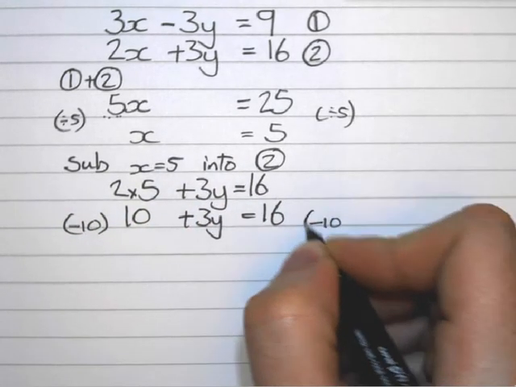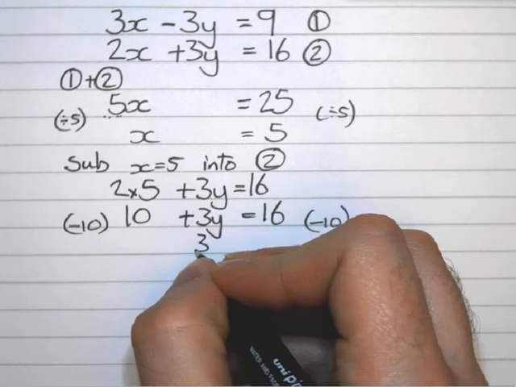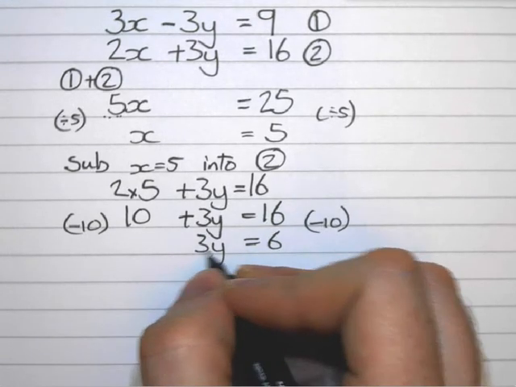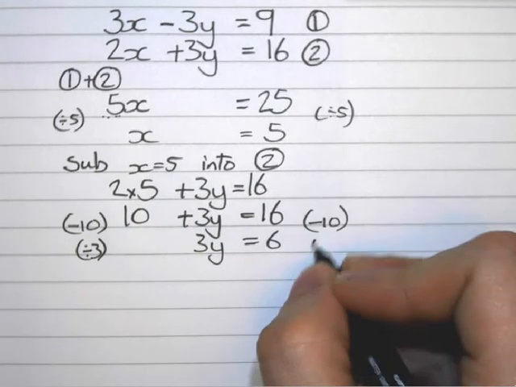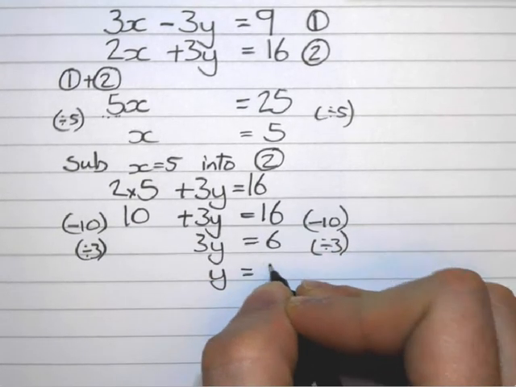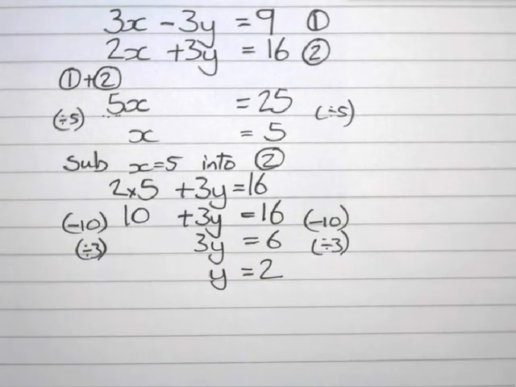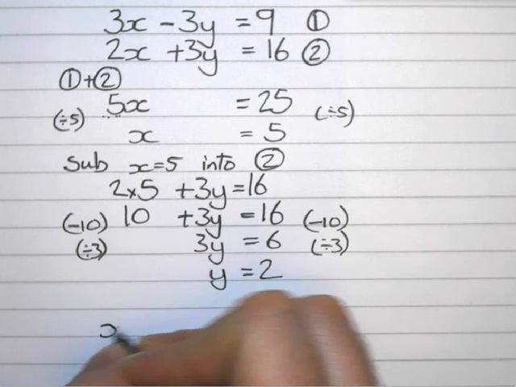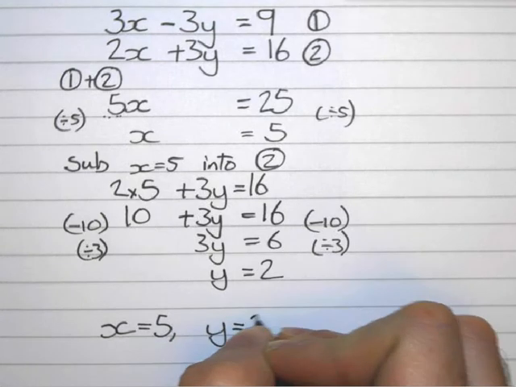Take away 10, leaving me with 3y equals 6. Now I've got this 3 to get rid of, so divide by 3, giving me y equals 2. Again, just to finish it off, we write everything out. So our solution is x equals 5, y equals 2.